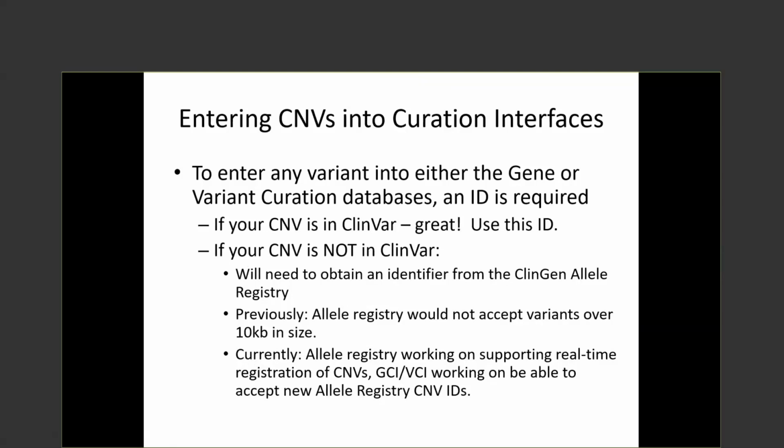Previously, the allele registry didn't provide identifiers for variants over 10 kb in size, but the allele registry team has been hard at work and has now developed the ability to accommodate variants over 10 kb, but they're currently working on supporting real-time registration of those types of variants. The GCI and VCI team is also working on being able to accept these new CNV IDs. So we'll let you know on a future Biocurator call when these capabilities are available.